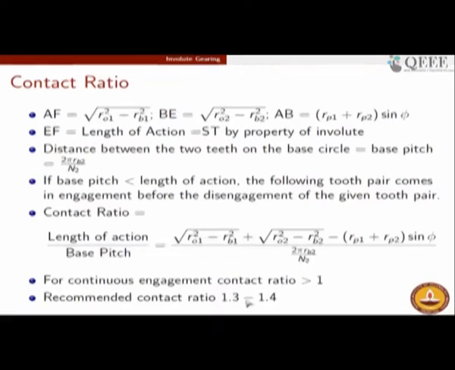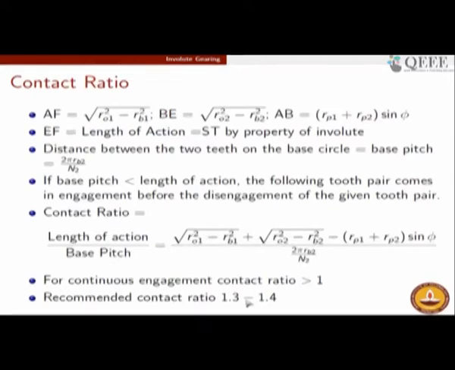It is usually recommended that we have this sort of a contact ratio, but there are certain high contact ratio gears also which are possible, but for the usual applications we would recommend this sort of a value of 1.3 to 1.4. Please understand, contact ratio is going to be a non-integer number. It is not possible that always one pair of teeth is in contact or always two pairs of teeth are in contact.